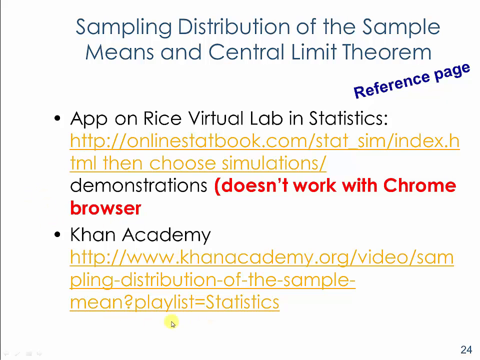Now in the Khan Academy video, they go through this application and just apply it in the video and go into it with a little bit more discussion on the sampling distribution of the sample mean.